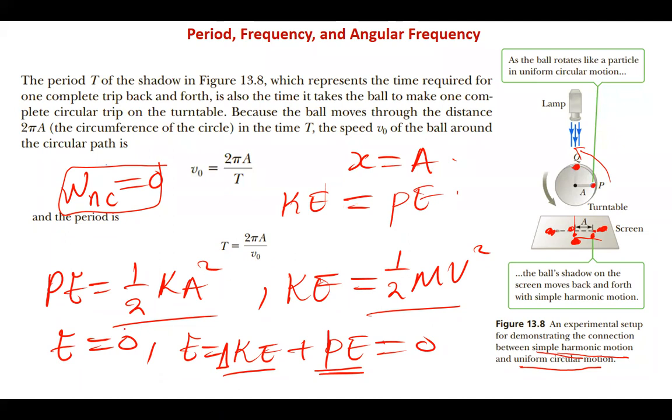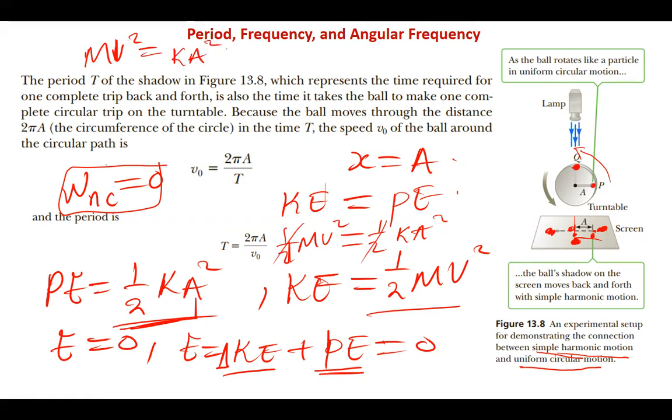The formula for potential energy is half k a squared, so we put half k a squared this side, and half m v squared the other side. Of course, the half and half will cancel, so we just remain with m v squared is equal to k a squared.